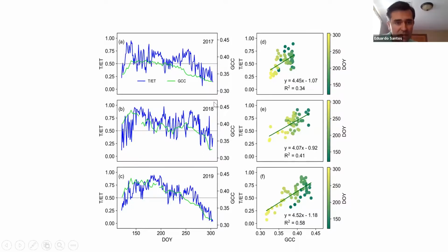You also see a lag: the plants get green, and then you have an increase in the T contribution to the ET. Towards the end of the season you see the senescence, so plants are getting brown and you don't see much green.